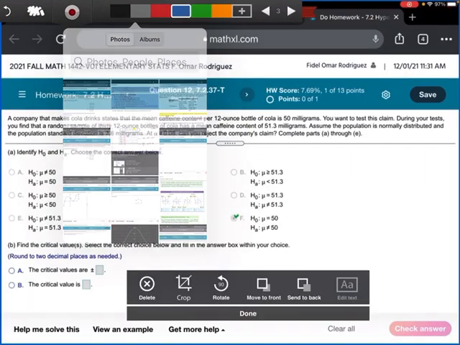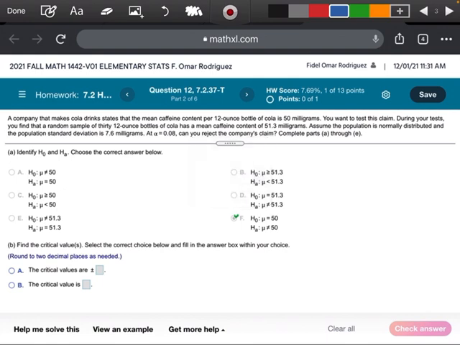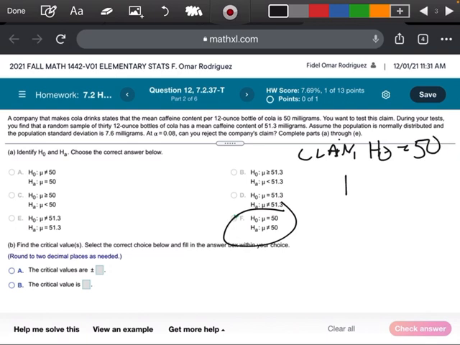I'm going to take a screenshot of this, come back to my slides over here, and upload this picture. There we go. Okay, so now we're trying to find our critical values. The first thing I notice, y'all, is that our claim is the null, which is saying that H0 is equal to 50, and our Ha is saying that mu is not equal to 50.